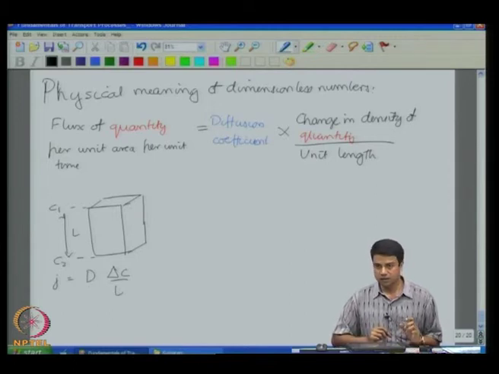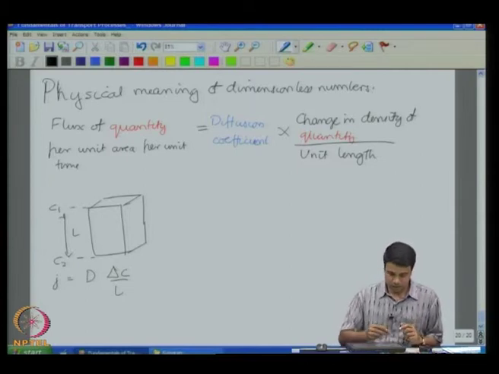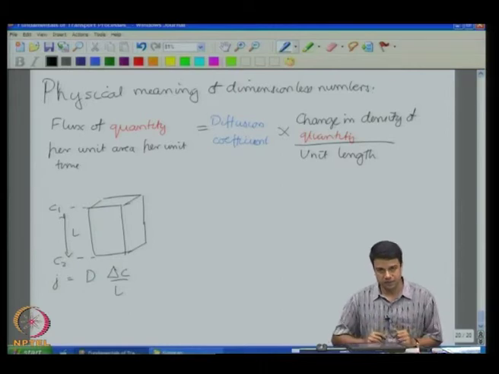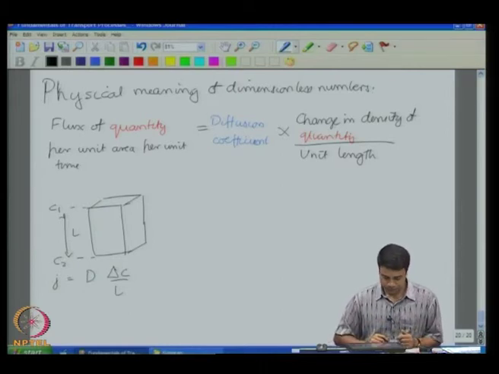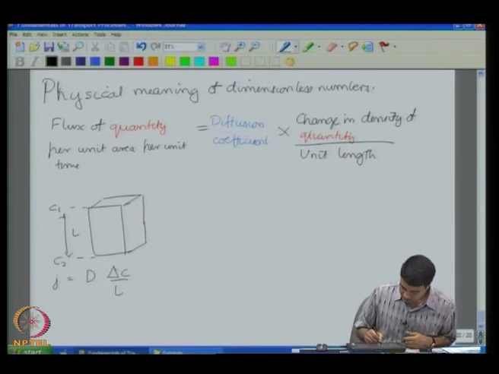Density is quantity per unit volume, that is the concentration. Change in concentration divided by the length across which you apply the concentration gradient. So, this is quite obvious for mass transport. Heat transport takes place by conduction.